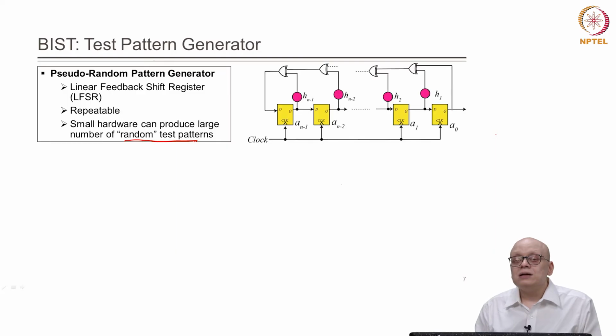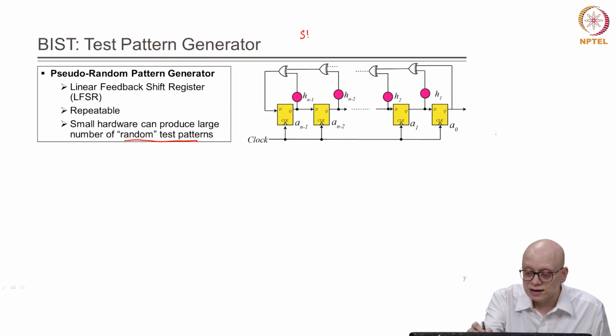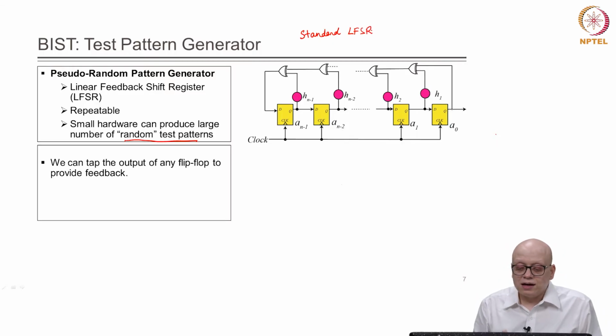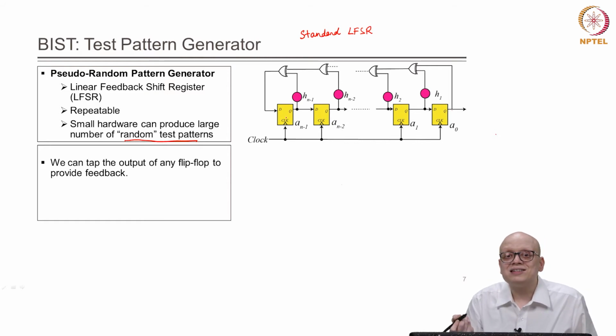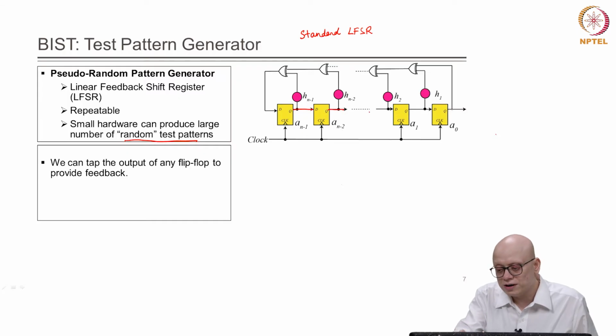Now, how does an LFSR look? In this figure I have shown a special type of LFSR which is known as a standard LFSR. If we look carefully, this is the same as a shift register. Whatever is the value at Q goes to the next flip flop, and so on.